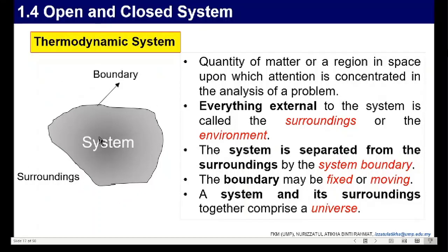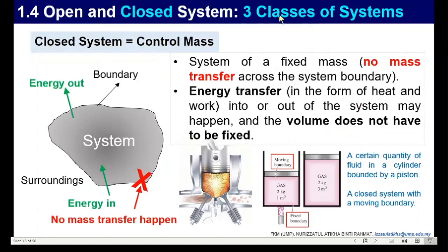Now, how many types of thermodynamic systems are there? Actually, we have three classes of system: open, closed, and isolated system. Let's see the first class, the closed system.